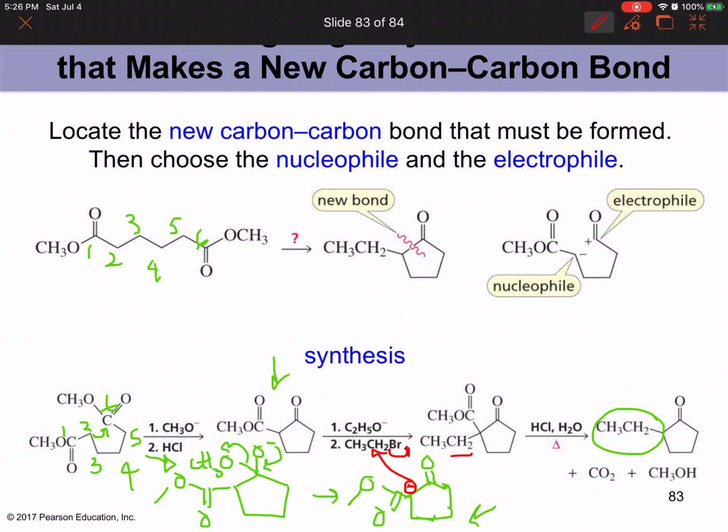So then you can add this ethyl group into that alpha carbon. Because at the very end we want to have this group right there.